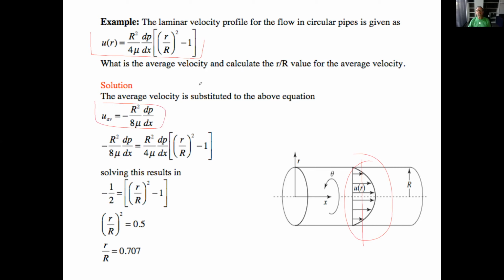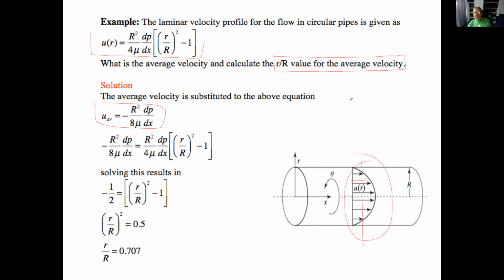So the question we are posing is at which point, which radius station, the velocity of the distribution is the same as the average velocity. So these arrows keep on increasing from 0 to maximum velocity. At a certain point, it's going to reach the average velocity level.